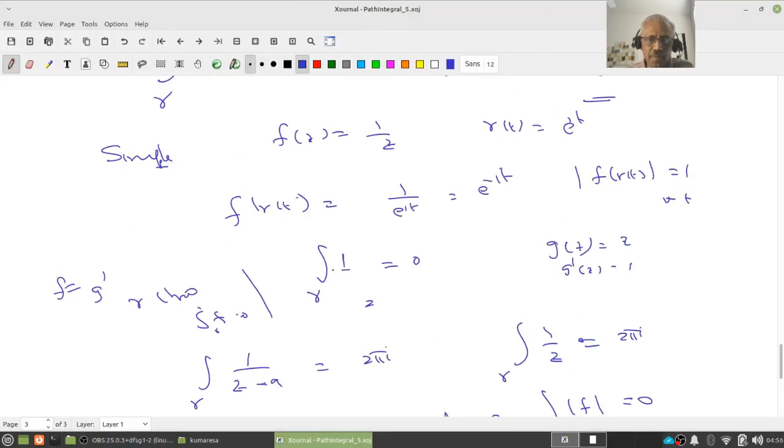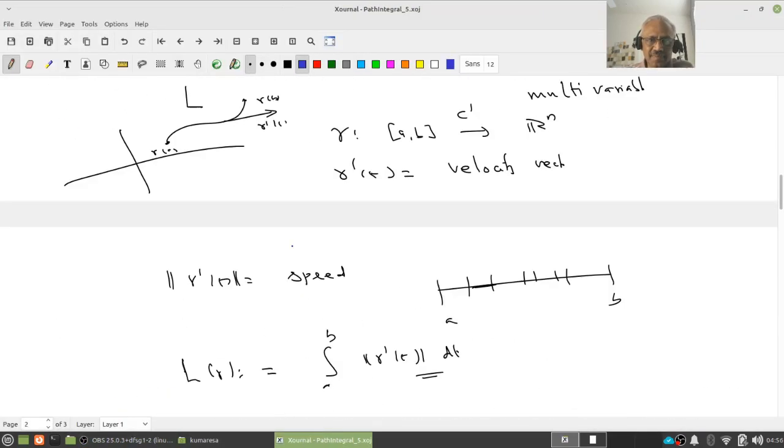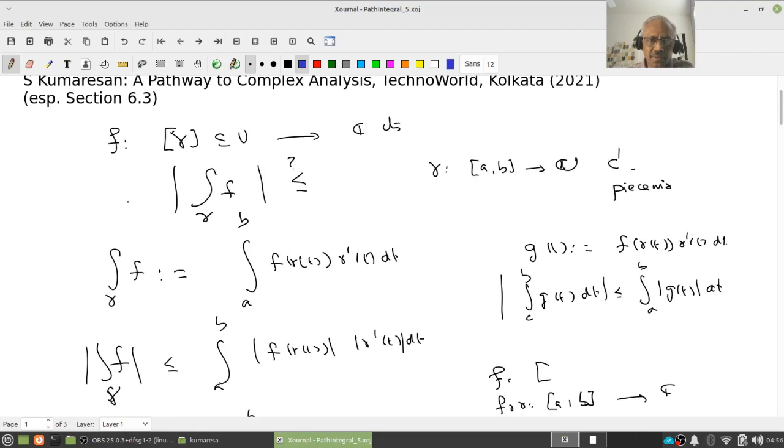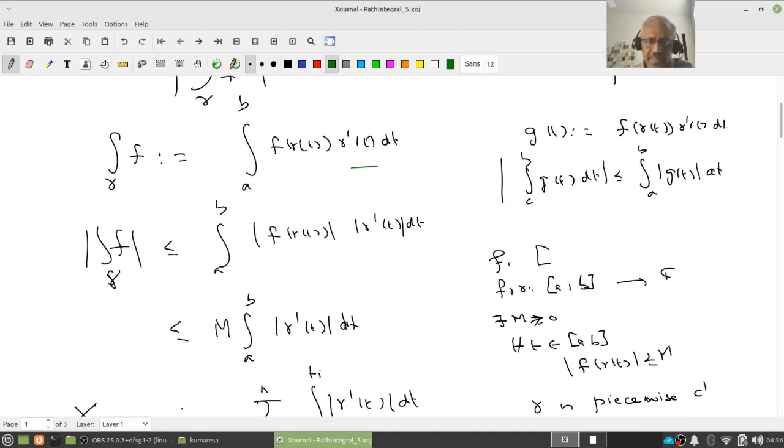So again, remember what is the trick? Whenever you see a path integral, go back to the definition of the path integral, then apply. That's what we did. Let me go back. So the integral of f over gamma, I wrote what it is. Then I took modulus, and it becomes the integral of a complex valued continuous function on an interval.